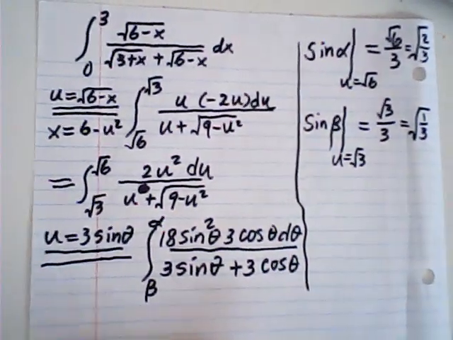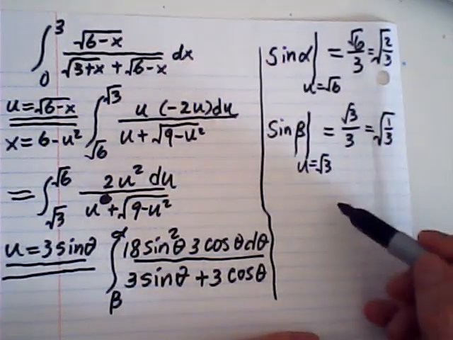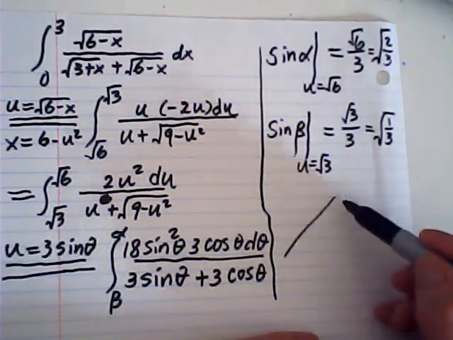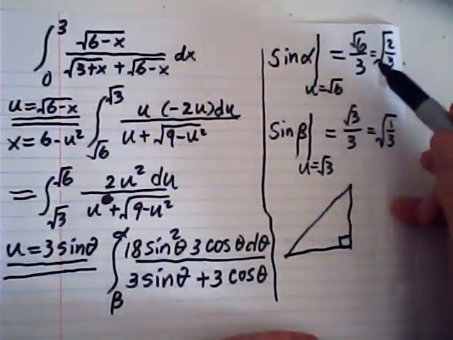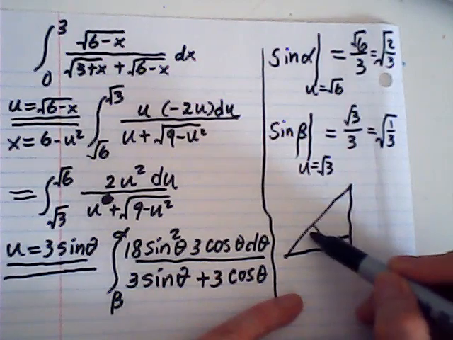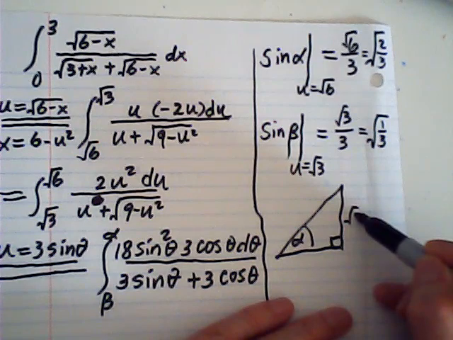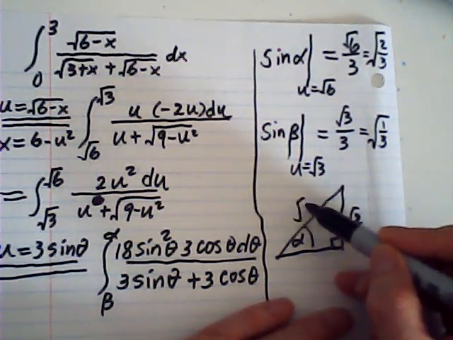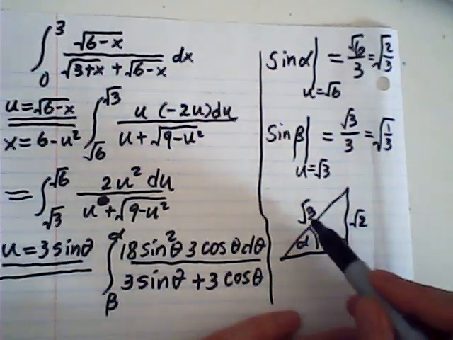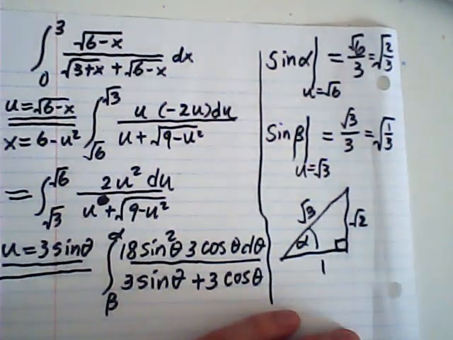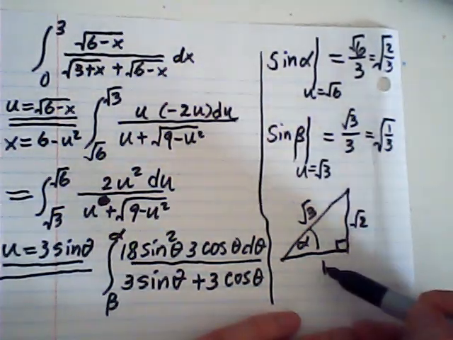Now, I tried to find the relation between alpha and beta. Sine alpha is root 2 over 3, and the cosine is 1 over root 3, and sine beta is 1 over root 3.